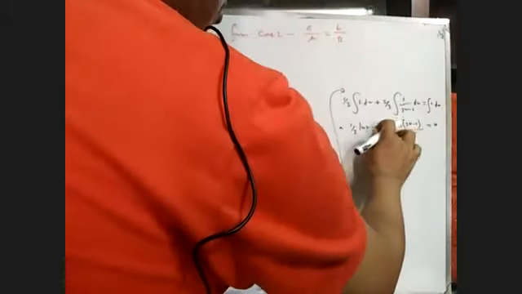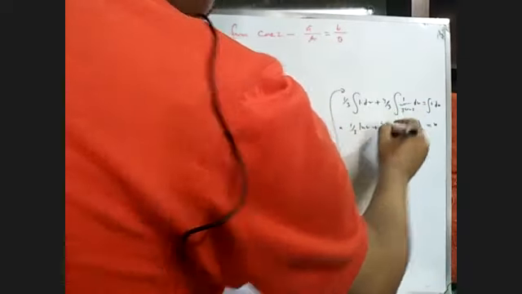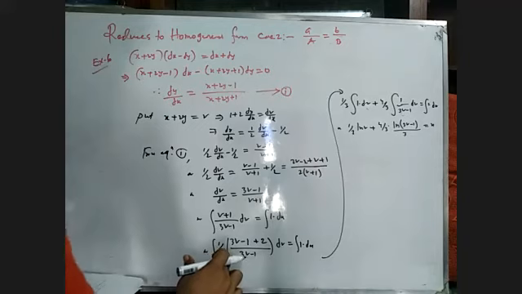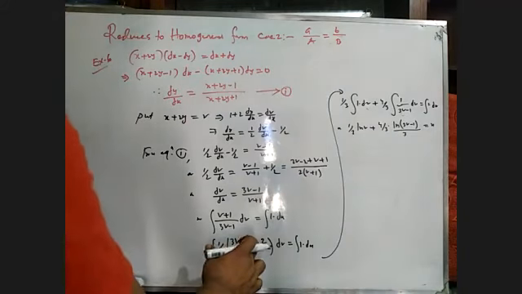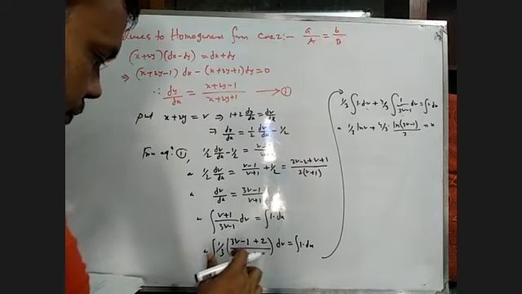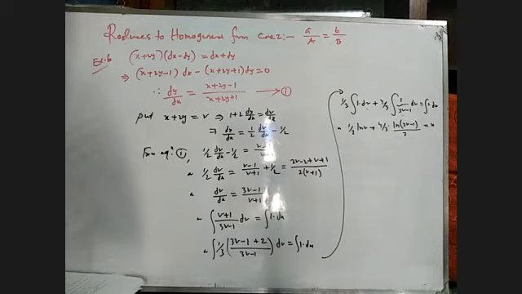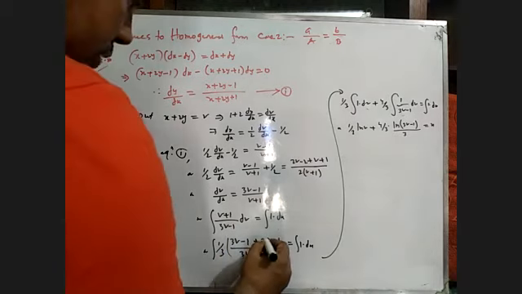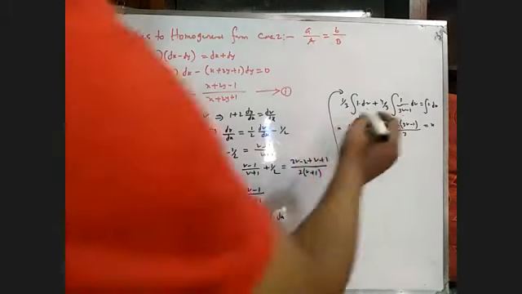And this will be 4, because 2 multiplied by 2 by 3. Thrice b minus 1 plus 2. If we take this 4, then it will be the same.